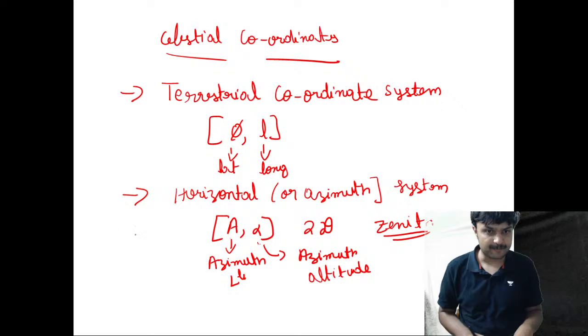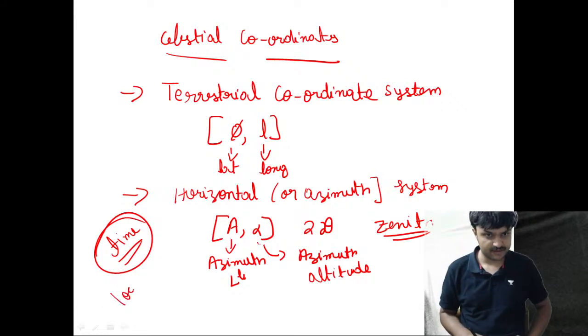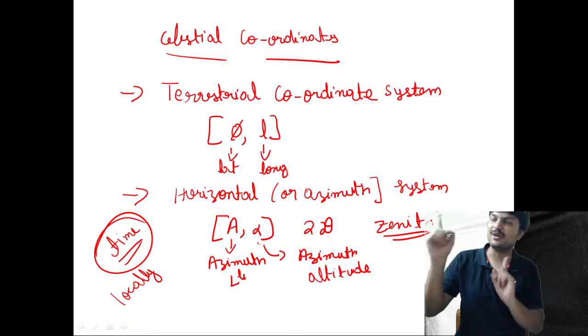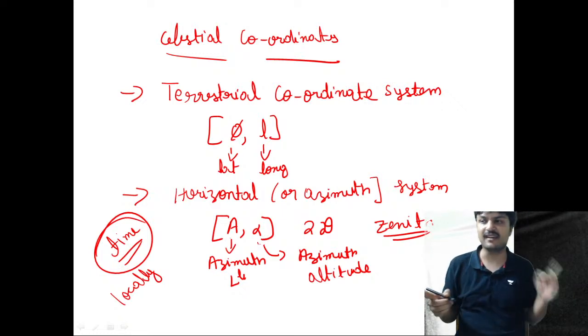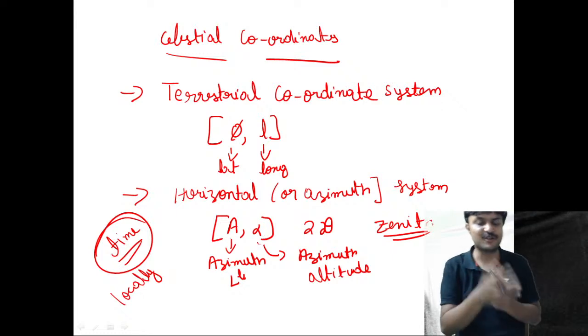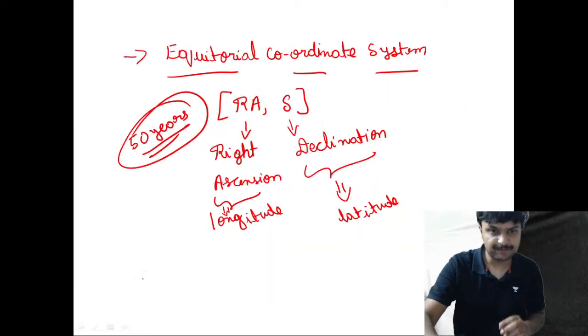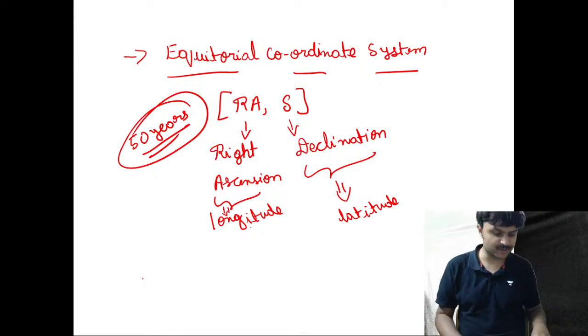It depends on time, so it is time dependent and locally convenient. Globally it is very hard to use, because it depends on which place on the earth you are. You have to keep correcting. It's very hard to communicate. For example, if you are in Australia and I am in India, it's very hard to communicate globally. And this is the best to use.